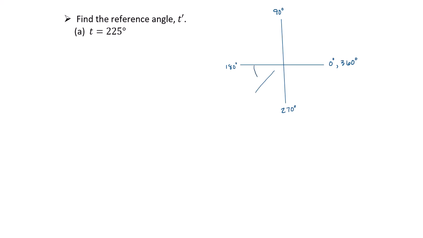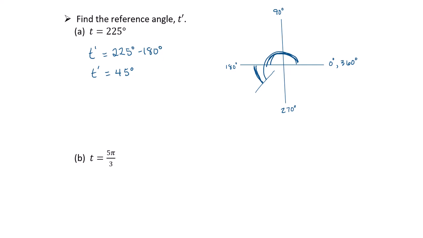So I really just need to figure out, if I've traveled this far, how far is it to get back to the x-axis? So I need to subtract off 180 degrees. So T prime is going to be 225 degrees minus 180 degrees. That gives me a T prime of 45 degrees.